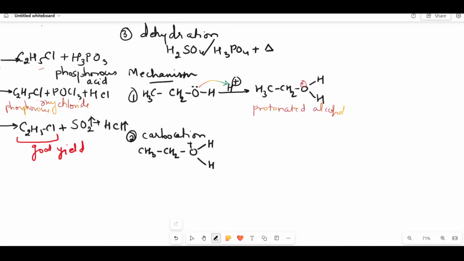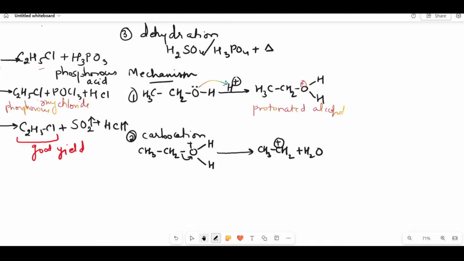Since there are two H and O, this molecule has become very unstable, due to which the bond breaks, and what we get now here is CH3, CH2 plus H2O. Now, since this is unstable, we get a charge of plus over here, carbocation. So, this is the form.